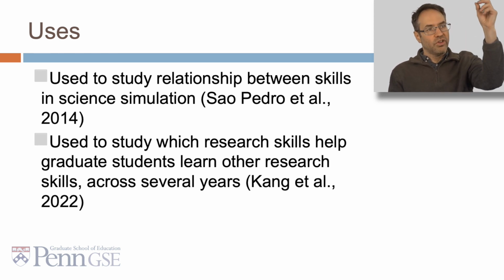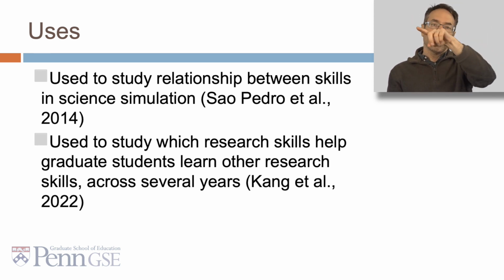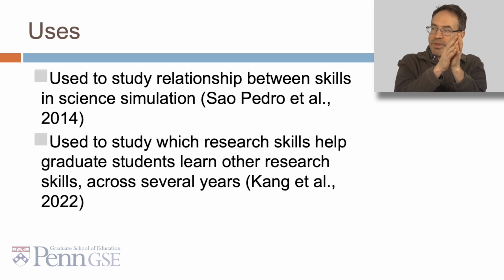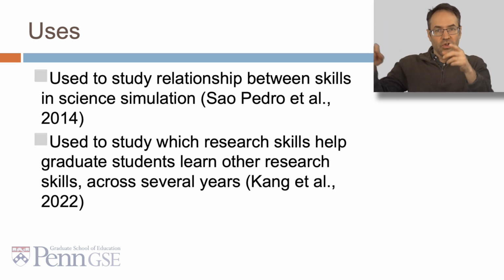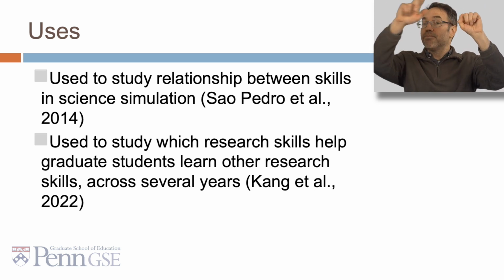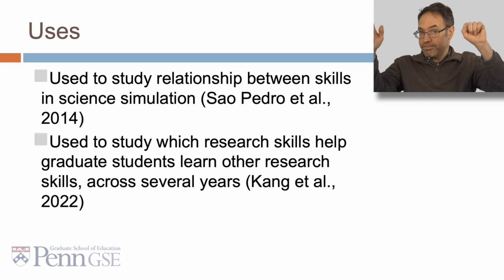Specifically, if you master skill A, are you starting off better in skill B? Kang and her colleagues used it to study which research skills help graduate students learn other research skills across several years. In that case, every year the grad student might be getting better in each of several research skills, and the question is, if they acquire skill A in year N, are they better at skill B in year N+1?